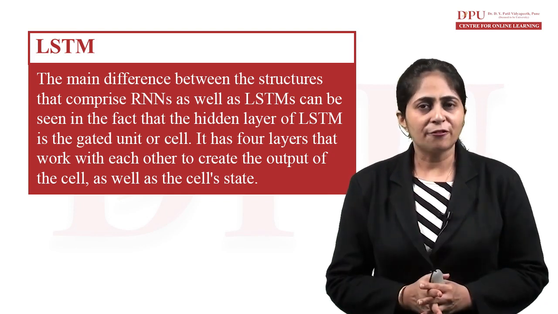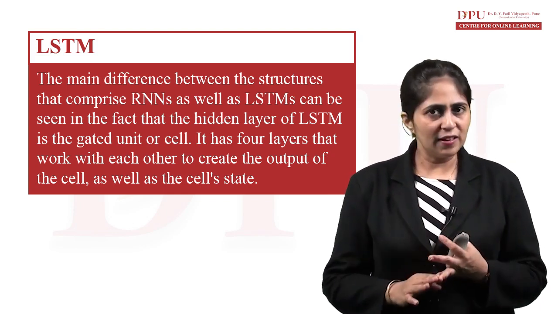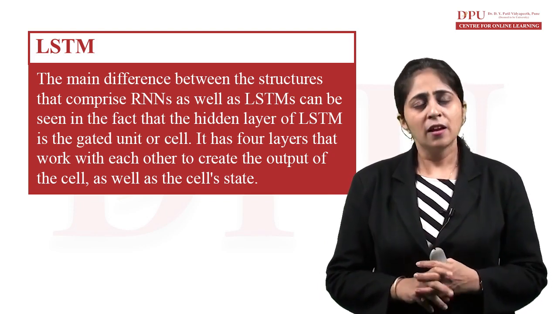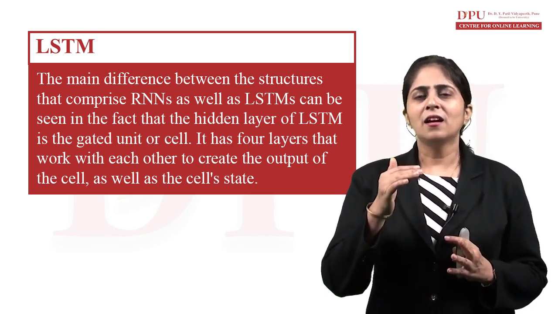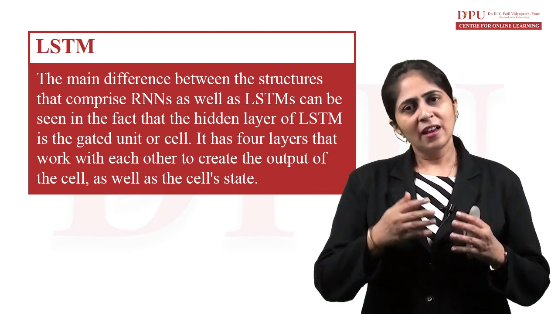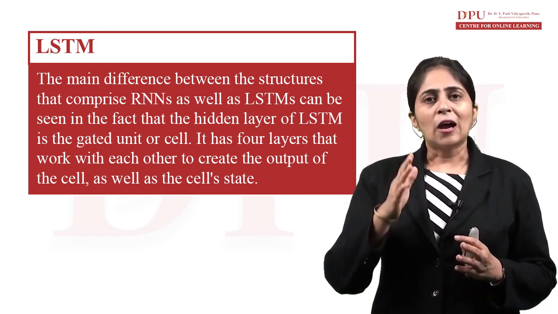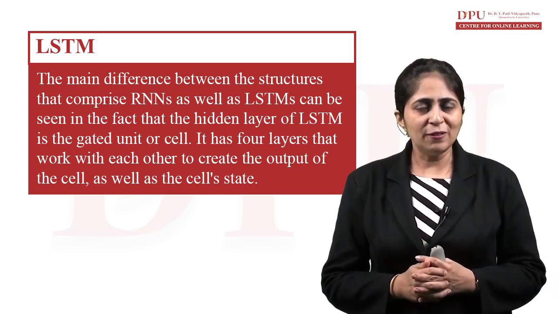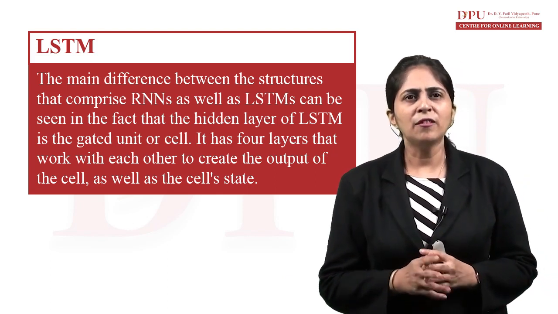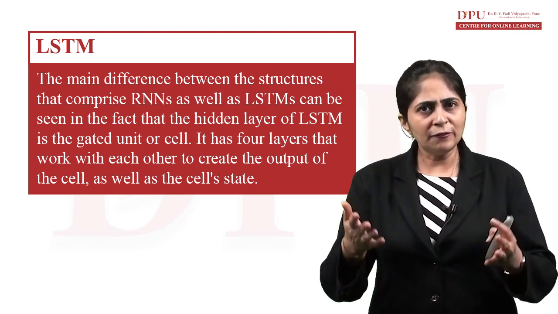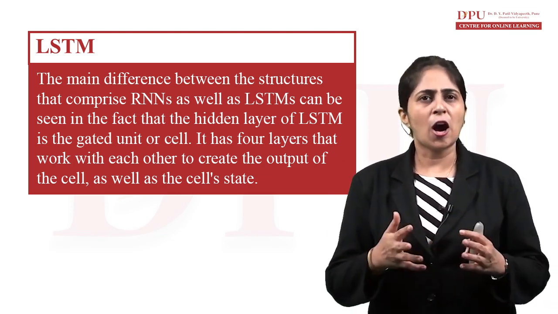The basic difference in the structure of LSTM and RNN is this: RNN has feedback paths, and in the same way we have feedback paths in the LSTM. Now, the structural difference between the two is that here we have 4 layers that work with each other to create the output of the cell.